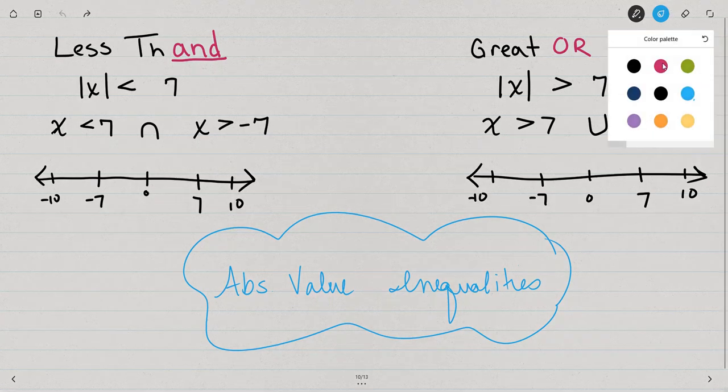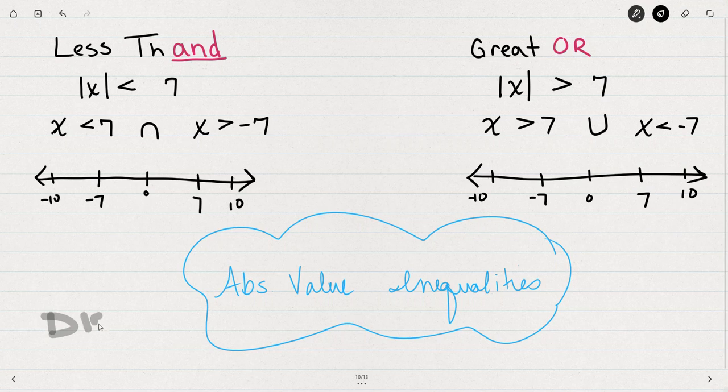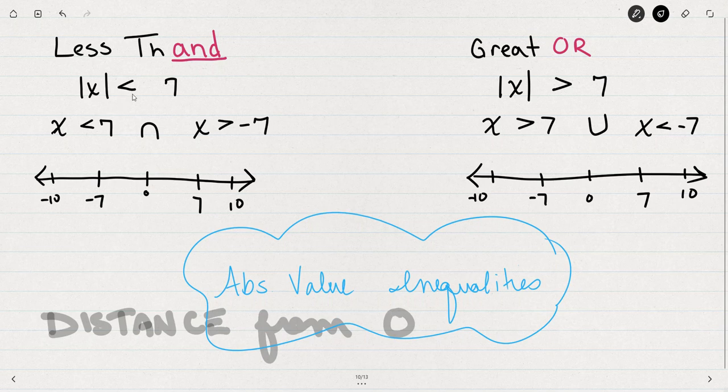By definition, do you remember that absolute value is the distance from 0? So for the absolute value of x less than 7, we want all the x's whose distance from 0 is less than 7. Do you see how easy this could be?